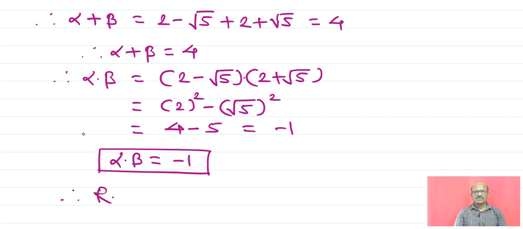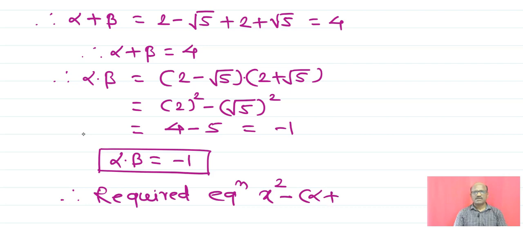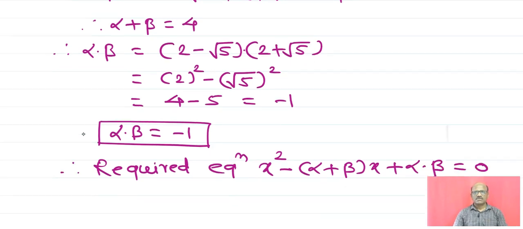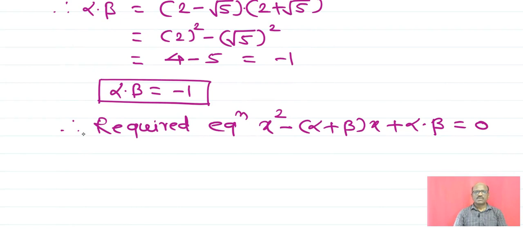Therefore, the required equation is x square minus (alpha plus beta) x plus alpha into beta equals 0.